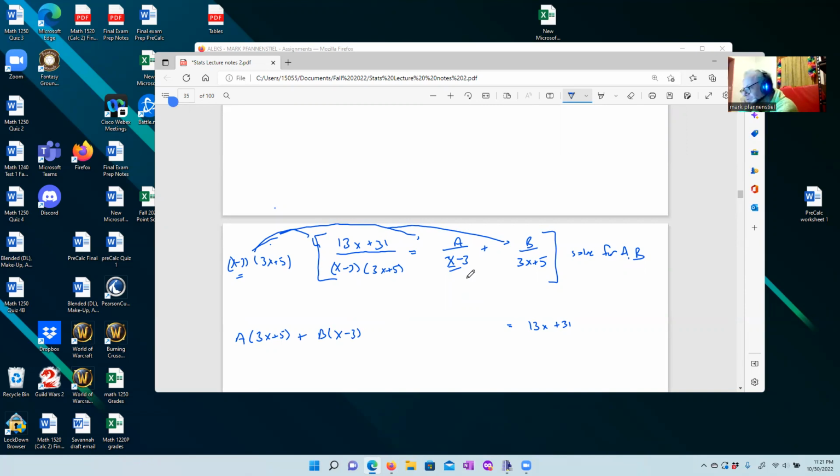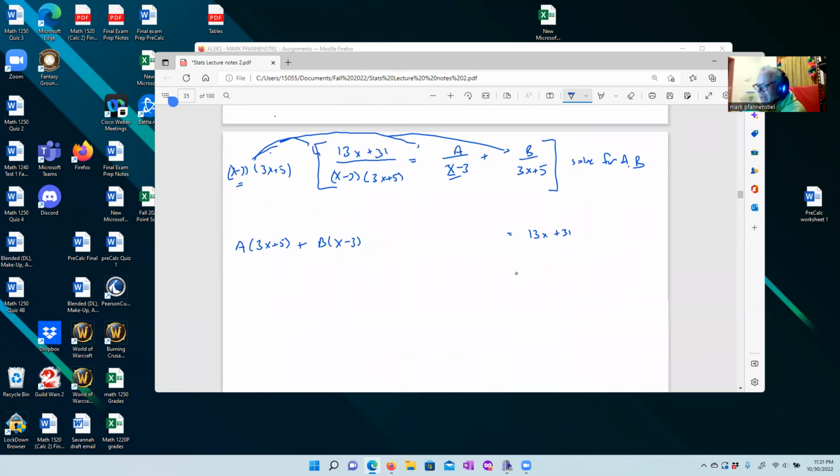So we have 3Ax plus 5A plus Bx minus 3B is equal to 13x plus 31.